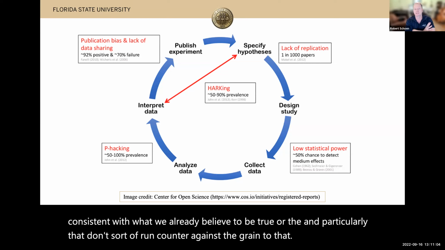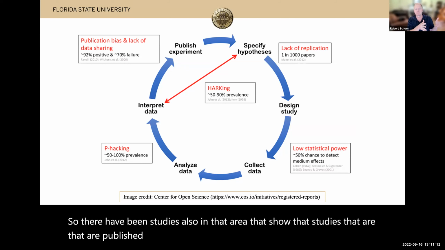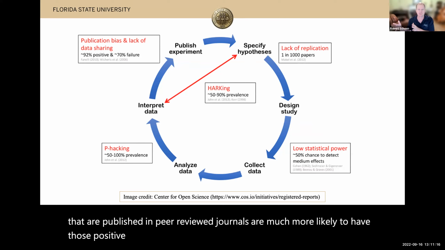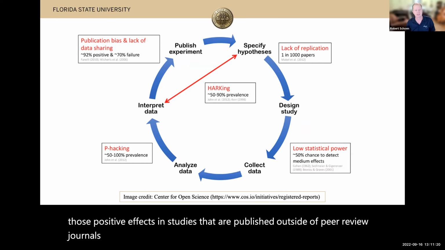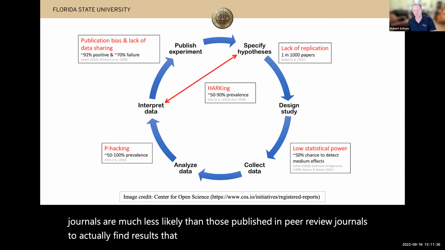There have been studies in that area that show that studies published in peer-reviewed journals are much more likely to have those positive effects, and studies published outside of peer-reviewed journals are much less likely to find results that are consistent with our preconceived ideas.